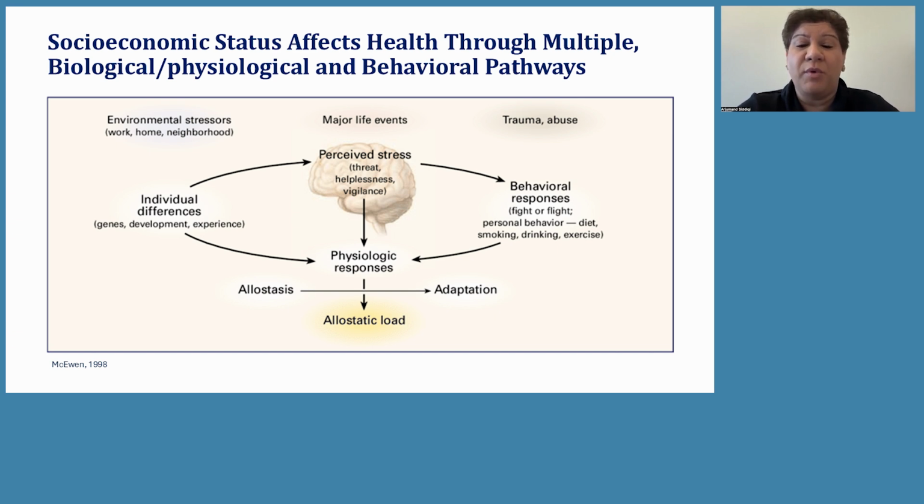The point of this conceptual diagram is to say those social conditions, those life circumstances, are then perceived by the brain, and the brain then begins to think about a response and to activate a response, to perceive a threat, to perceive that the person might feel helpless, to kick in a sense of vigilance against the threat. And that takes the form of many things.